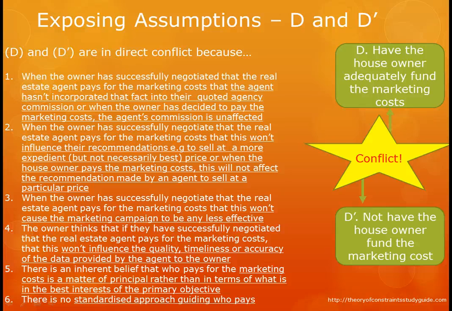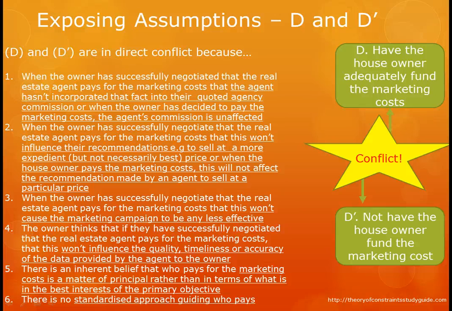Fifthly, that there is an inherent belief that who pays for the marketing costs is a matter of principle rather than in terms of what is in the best interests of the primary objective. So what we're saying here is that when the owner decides to pay or not pay, the owner is thinking that it's a matter of principle whether he should pay or not pay, rather than looking at it from the perspective of, well, what's in the best interest of maximising the returns to the owner.